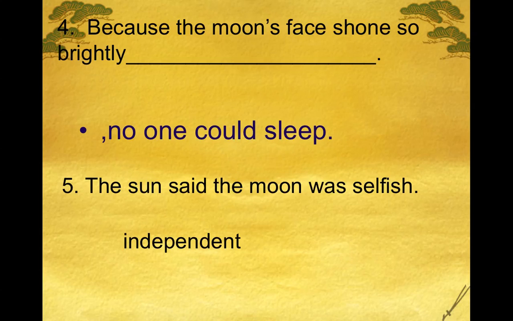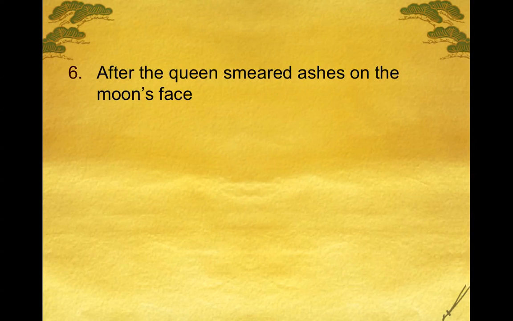And then let's take a look at number 5, which they already gave you the answer. Very nice of them. The sun said the moon was selfish. That is just an independent clause. And you can write that down in your notebook. Number 5, IC for independent clause. All right, I believe we have a few more examples. Number 6. After the queen smeared ashes on the moon's face.